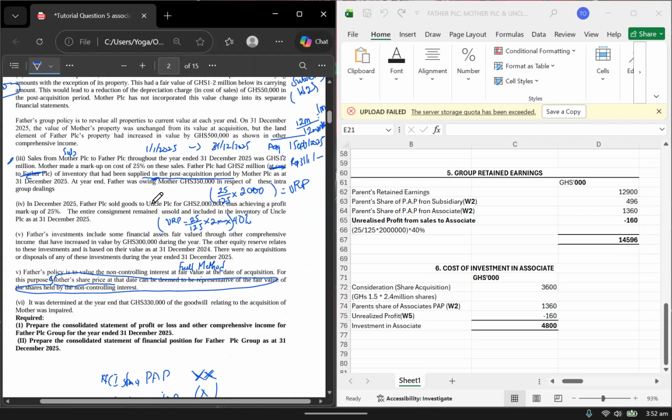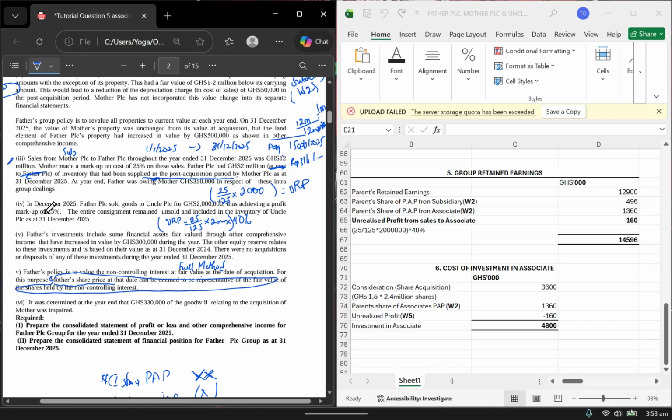Father PLC sold goods to Uncle PLC, the associate, for 2 million, thus achieving a profit markup of 25%. This 2 million is a sales value to Father PLC, but a cost to Uncle PLC. Okay, and then the markup profit has been given.